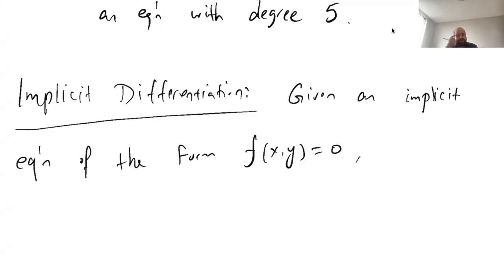An explicit equation means something of the form y equals f of x. An implicit equation means something of the form f of x and y equals 0.